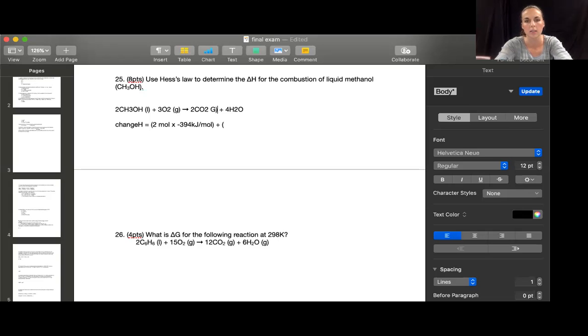This is gas. And H2O is also a gas in combustion. So I'm looking for the value for H2O gas form, negative 242, and there's 4 moles of it. Phases are very important here, so don't forget that.